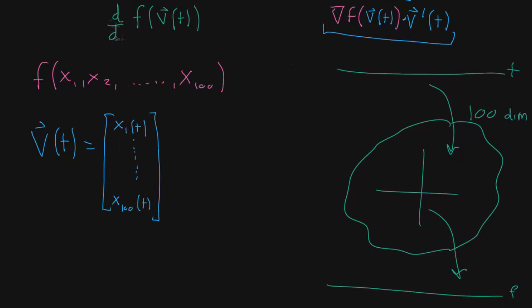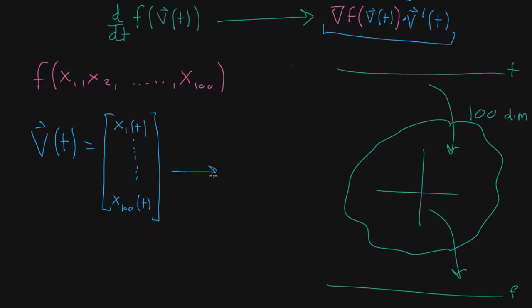So the derivative of that composition is, and we kind of walked through where this comes from, the gradient of f evaluated at v of t, evaluated at your original output, dot product with the derivative of v, the vectorized derivative. And what that means, for v, you're just taking the derivative of every component.